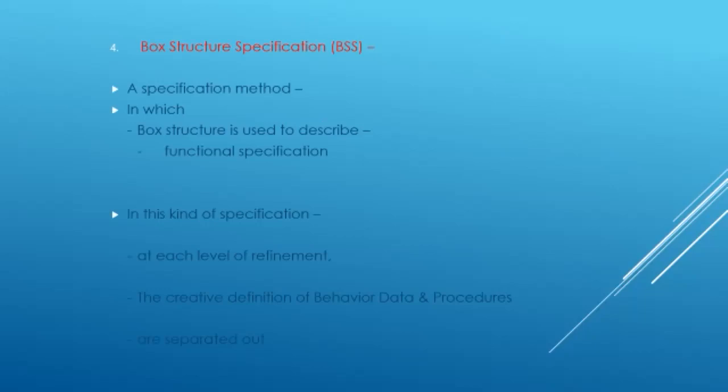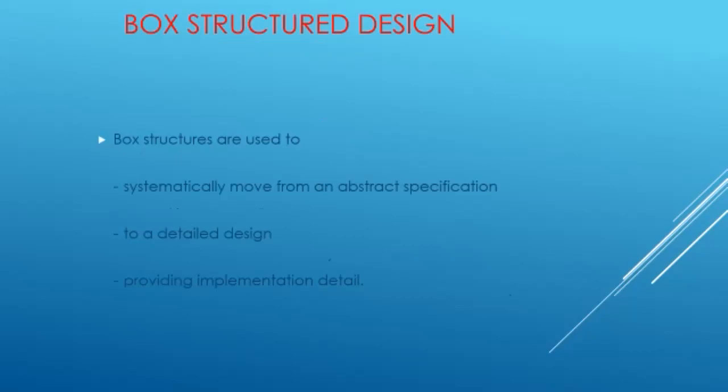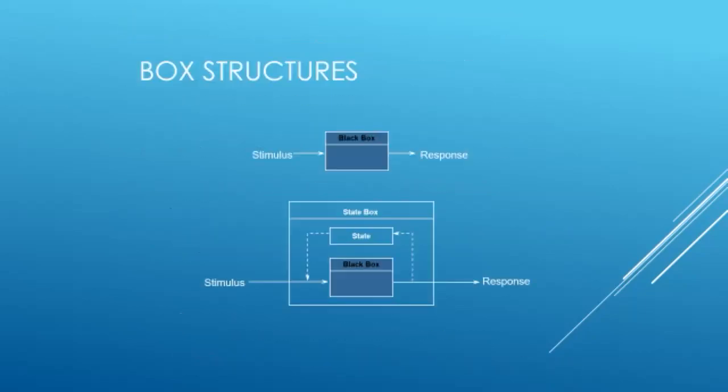The fourth, box structure specification. These are specification methods in which box structure is used to describe functional specification. In this kind of specification, at each level of refinement, the creative definition of behavior, data, and procedures are separated out.